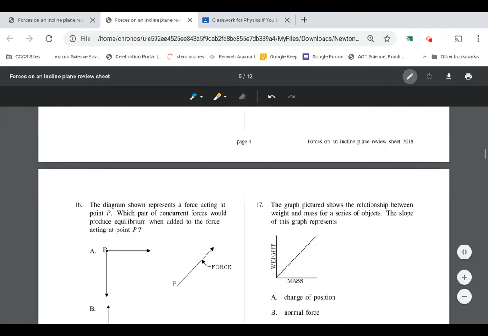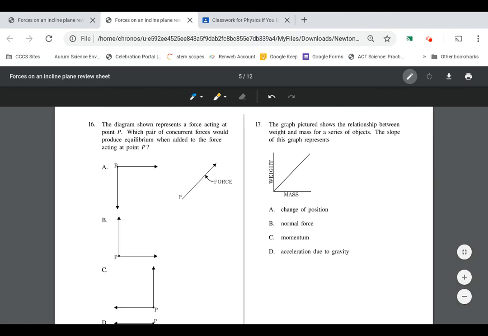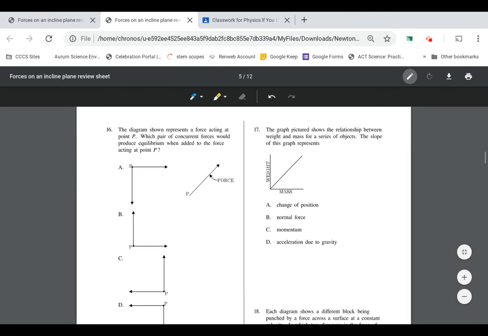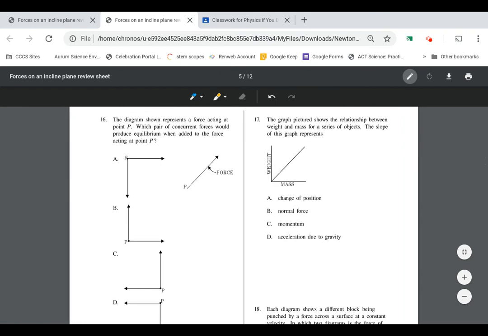Number 16. The diagram shown represents a force acting at point P. Which pair of concurrent forces will produce equilibrium when added to the force acting at point P?